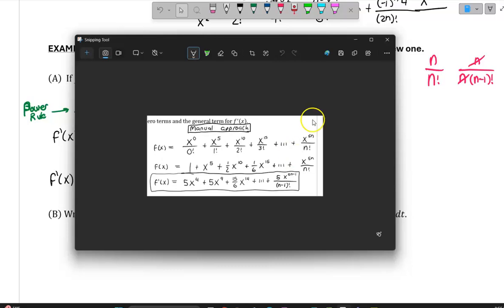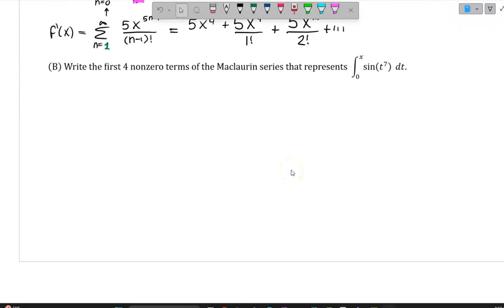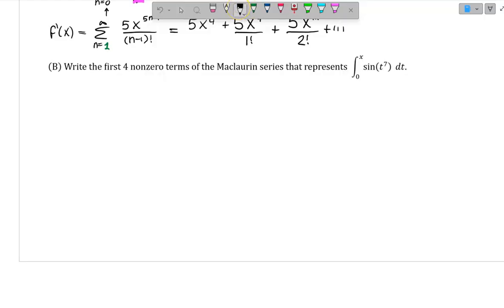In fact, for our final example in this video, we are actually going to do it using that method. So in this last one, we're going to be asked to find the first four non-zero terms of the Maclaurin series represented by the integral. So this is going to kind of merge the last two examples that I showed here together. Now I'm going to skip ahead. Instead of just writing out the sine terms, I'm just going to go ahead and create that skeleton here.